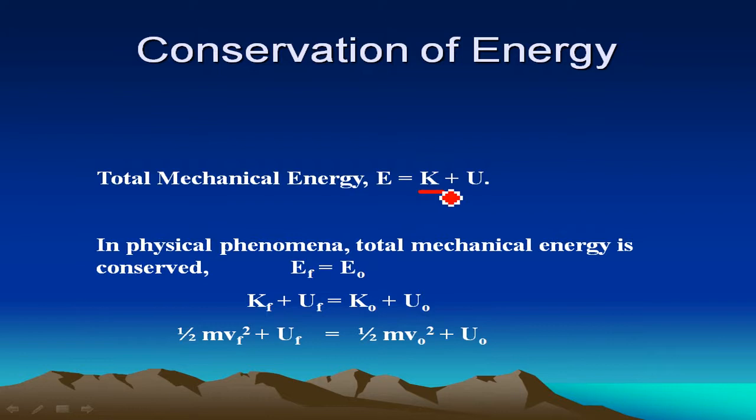Kinetic energy is always given by the same formula, 1/2 mv squared, whereas the potential energy depends upon the particular force that we're talking about.